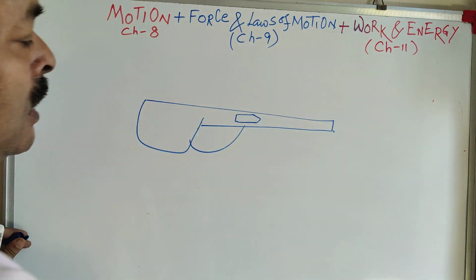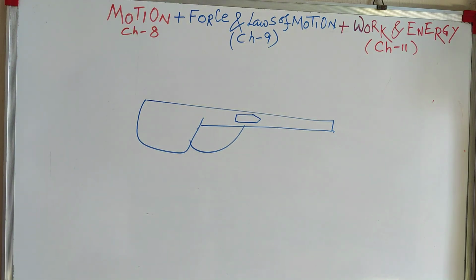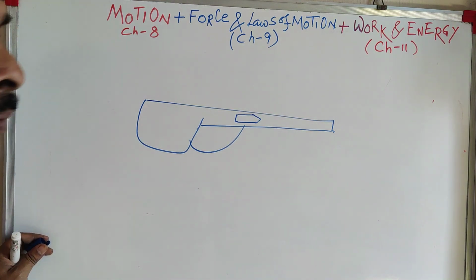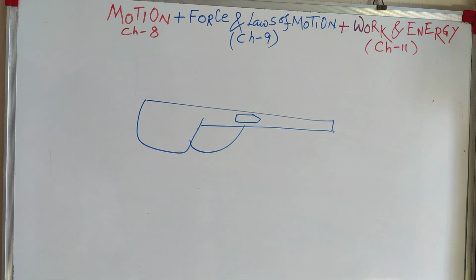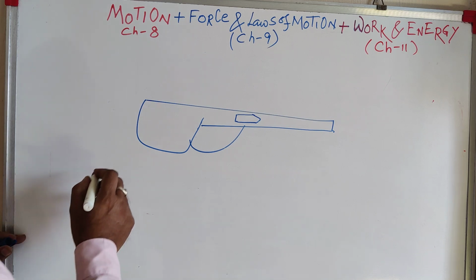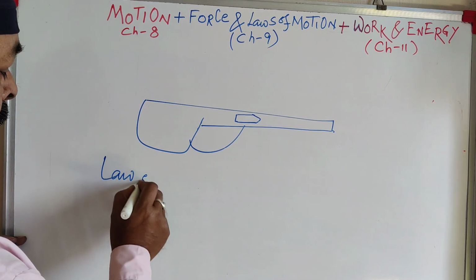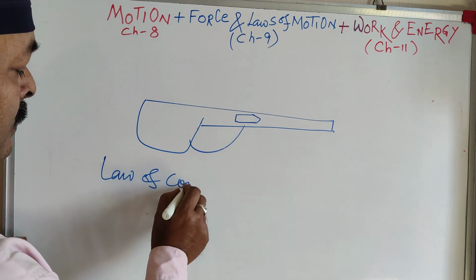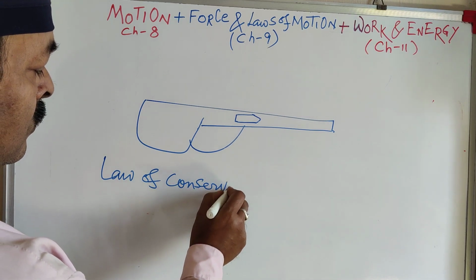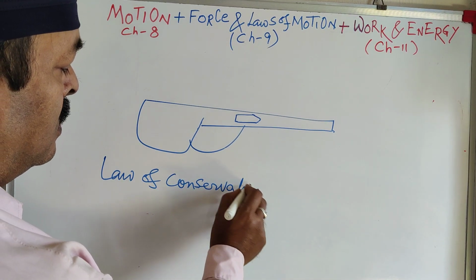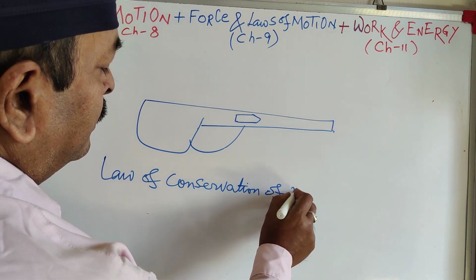Two bodies together, rifle and bullet. So the total momentum of the bullet and rifle before the fire or after the fire will be unchanged. That is the law of conservation of momentum.